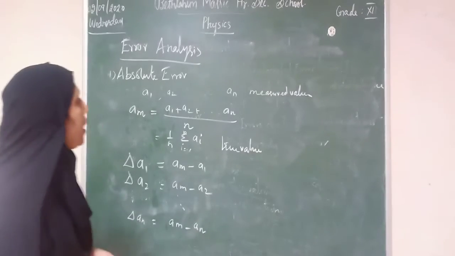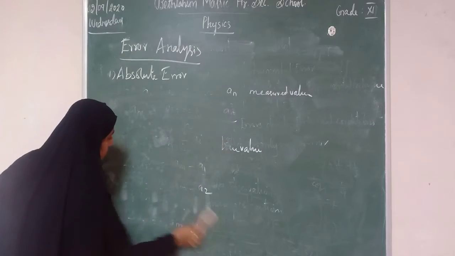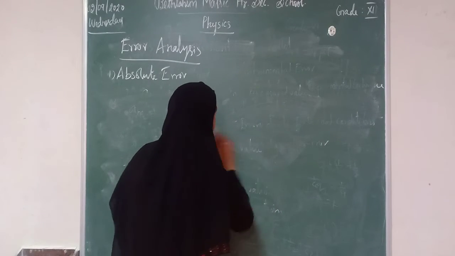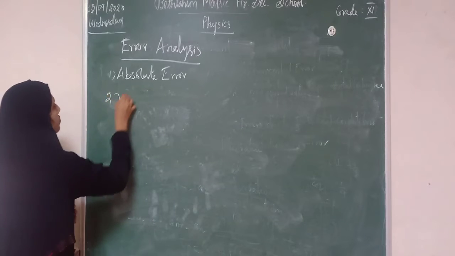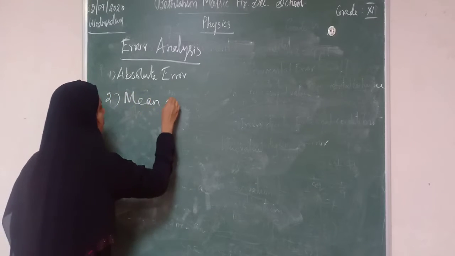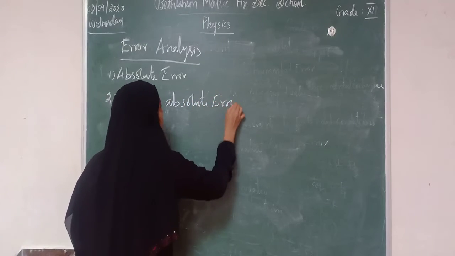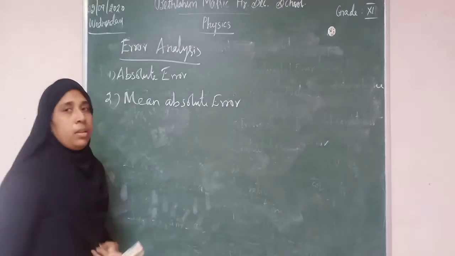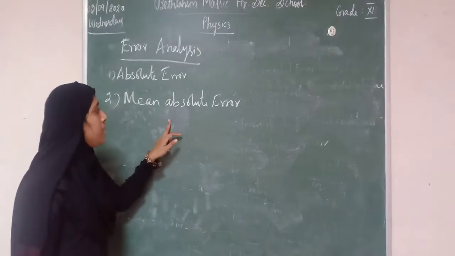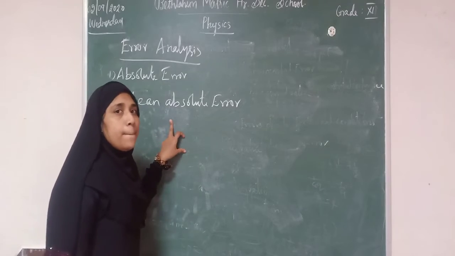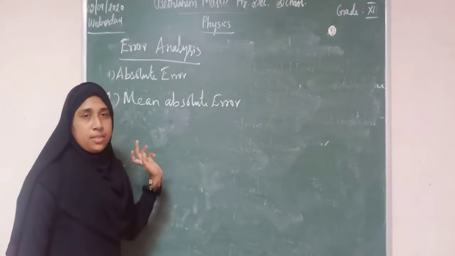Next, the second one is mean absolute error. So what is mean absolute error? Mean absolute error means taking the mean of the magnitude of all the absolute errors.